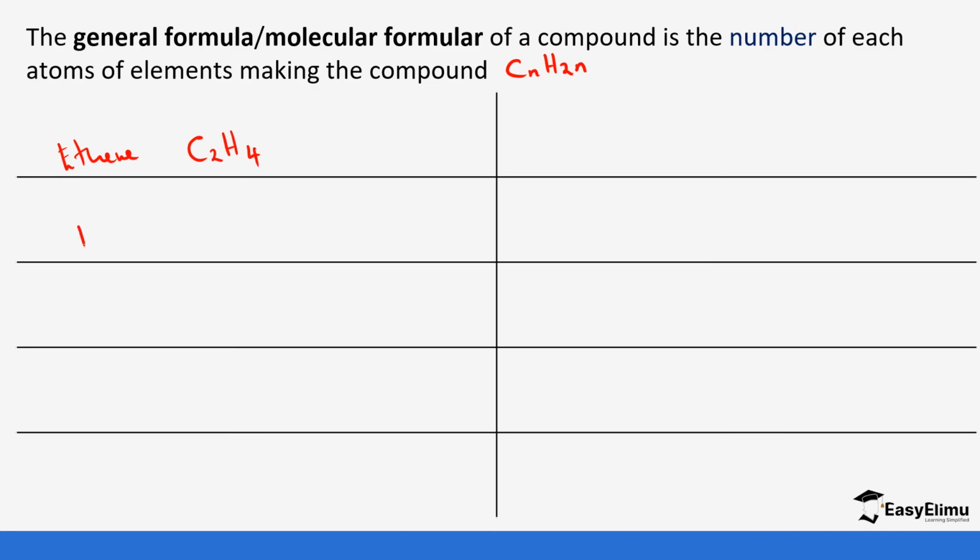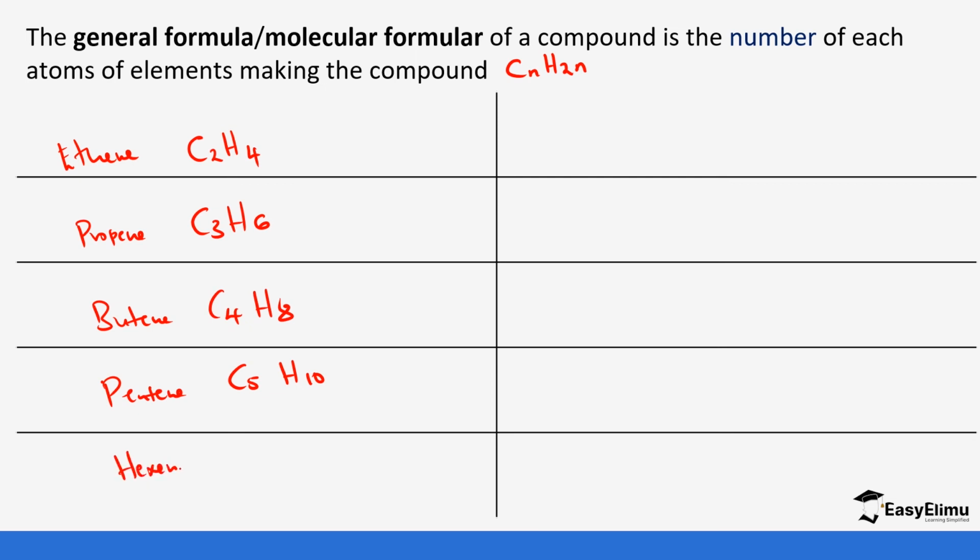And then we go to propene. So it is C3, then H, 3 times 2, 6. And then we go to butene, which is going to be C4, 4 times 2 is 8. And then we have pentene, which is C5, 5 times 2, H10. And then we have hexene, which is C6, 6 times 2, which is 12.